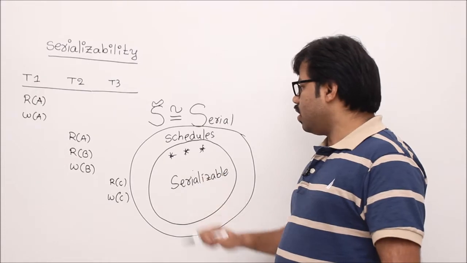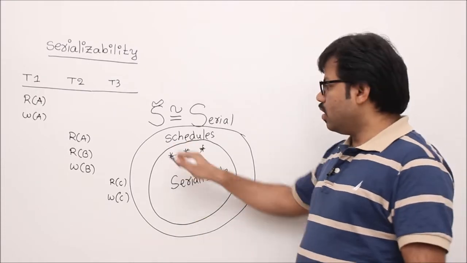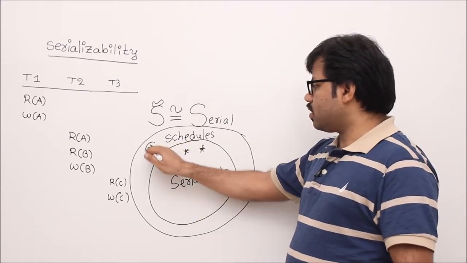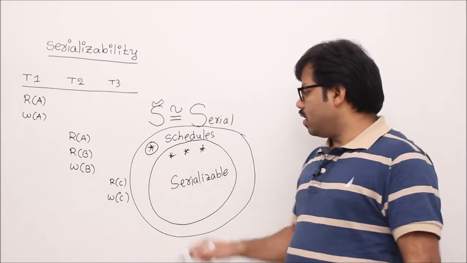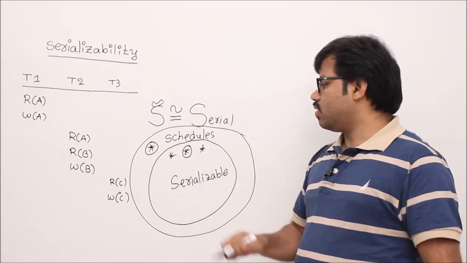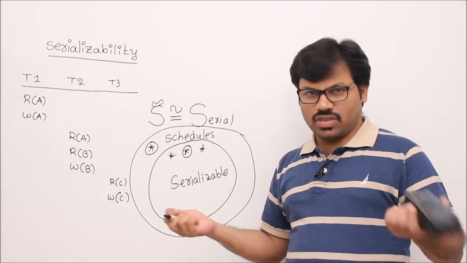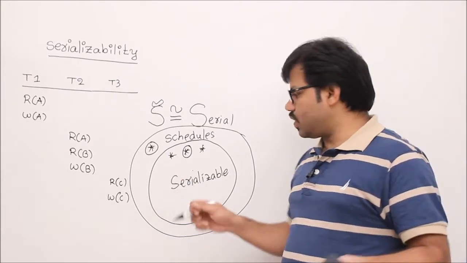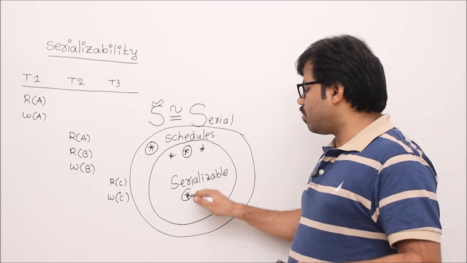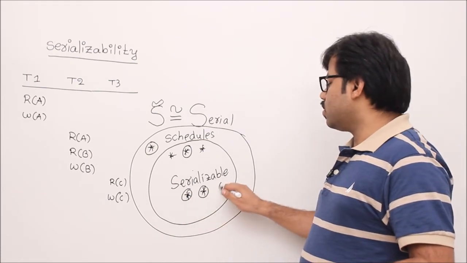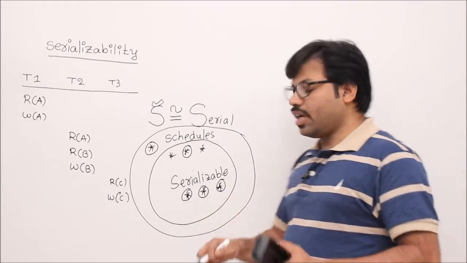Some are serializable, some are not serializable. So this point, if you see, is a schedule but not serializable. This is a serial schedule, also serializable. Every serial schedule is equivalent to some serial schedule, isn't it obvious? That's why serial schedules also come here. So that's obvious, and we don't worry about it.